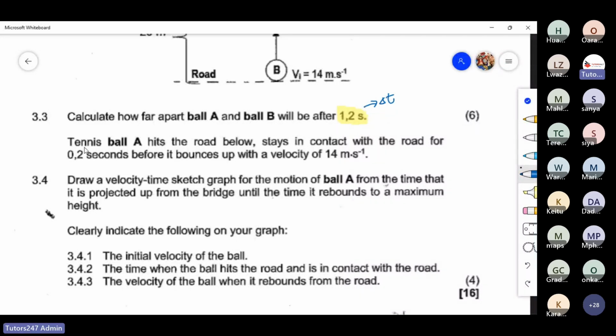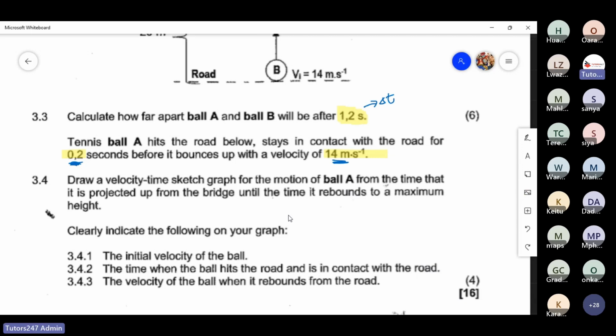Next, we are told tennis ball A hits the road below, stays in contact with the road for 0.2 seconds before it bounces up with a velocity of 14 meters per second. So this is also important. So we are given three important pieces of information.